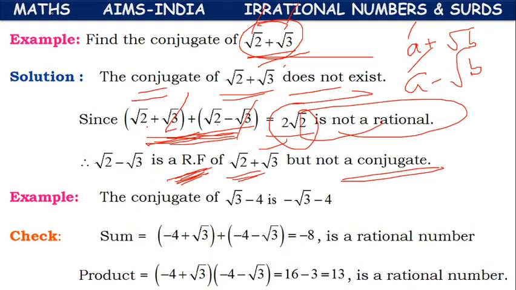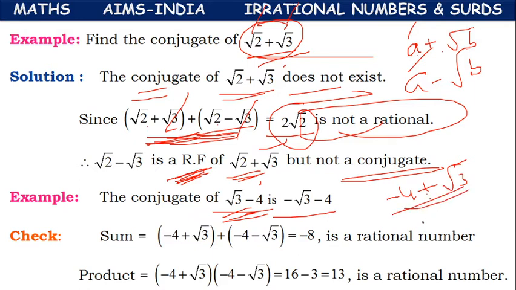Next. Conjugate of root 3 minus root 4. First we have to write it in the form a plus root b, with the rational number in front, so we can write it as minus 4 plus root 3. What is its conjugate?